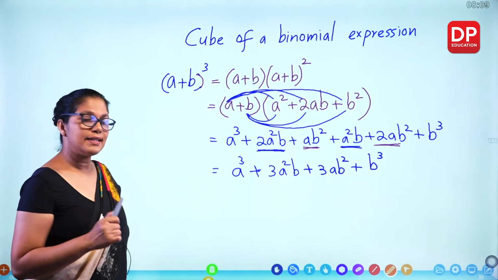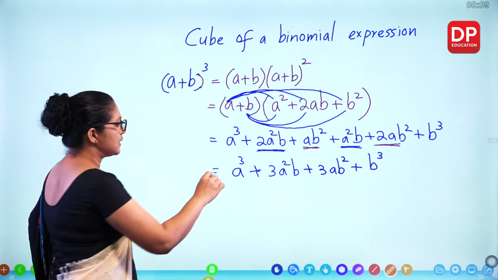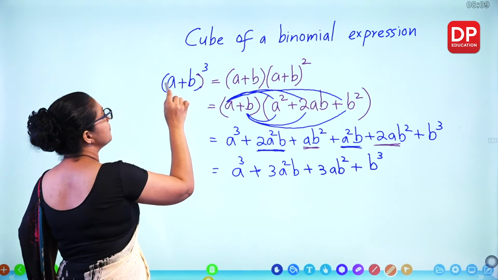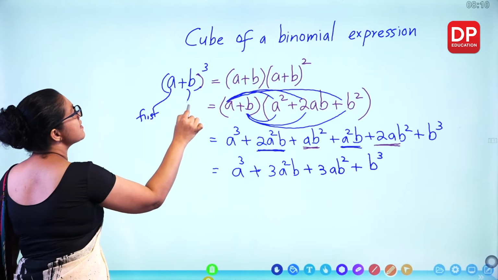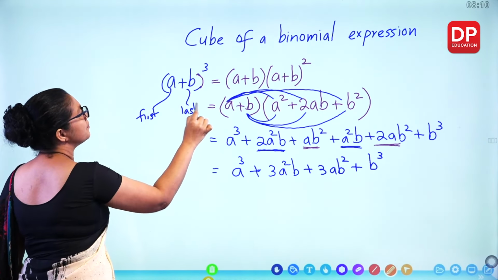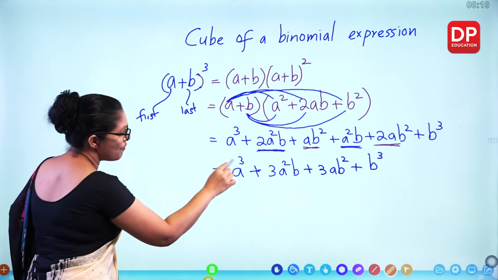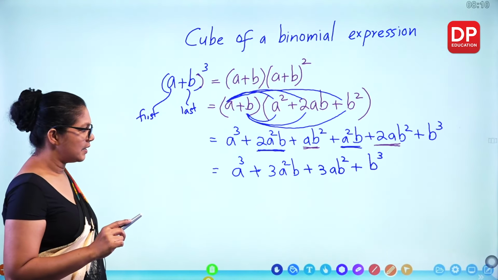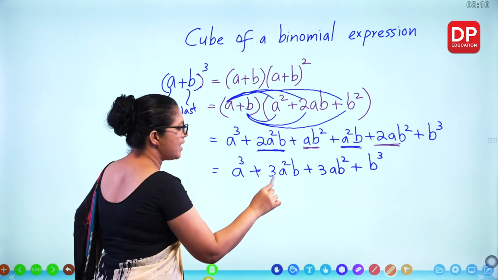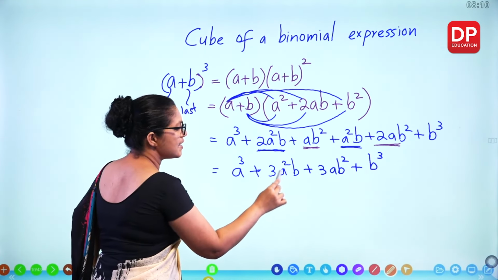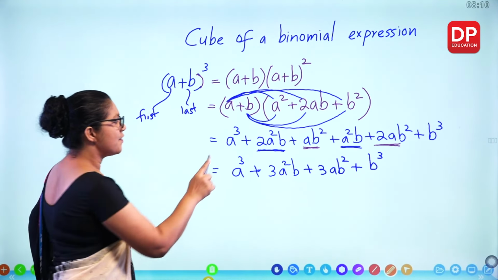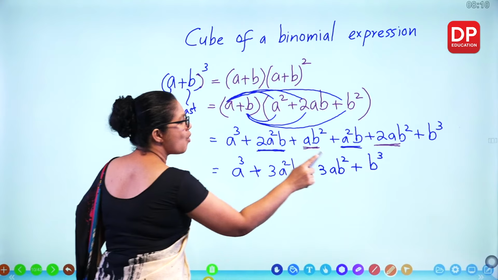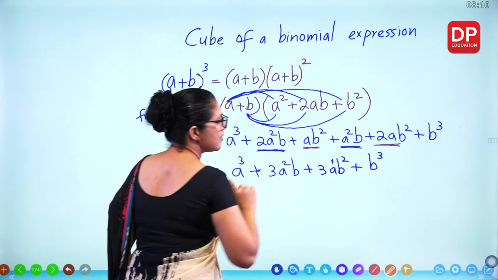So what's the pattern you observe? A is the first term, and this is the last. So first term cube, and then 3 times. We observed a pattern for power 3: 3, 2, 1, 0.